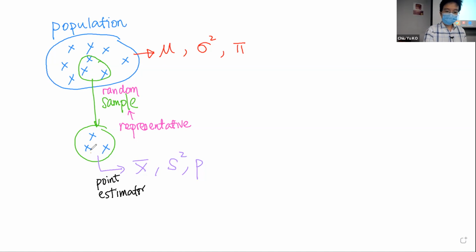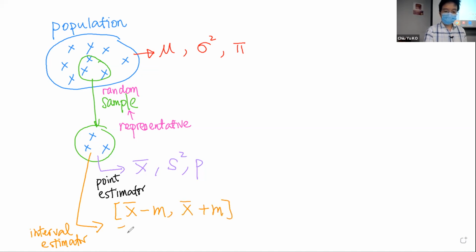What we learned is that the interval can be X bar minus M and X bar plus M, or P minus M and P plus M. And M depends on whether you know sigma or not.